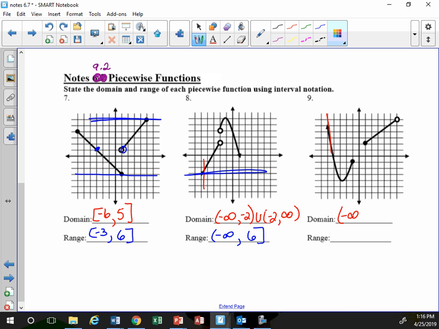So I can't include the values in between those 2 sections. Okay. So I'm going to go negative infinity to, yes. You need, okay, bracket 1, 2, 6 with parentheses. Okay.